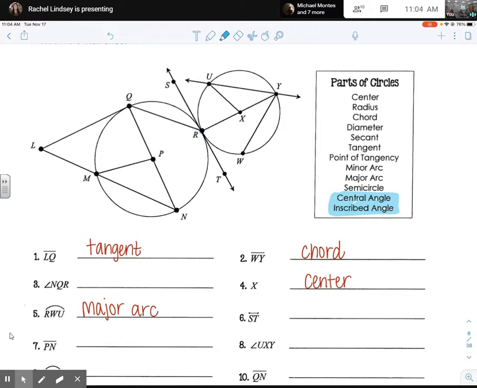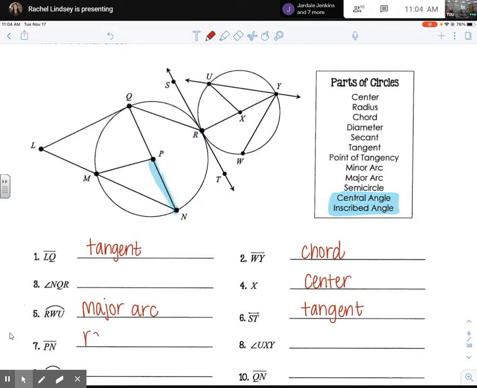Then ST. What's ST? It's a tangent line. Well, that's a line, so it's a tangent line. You can just write tangent. Then we have PN. What's that?